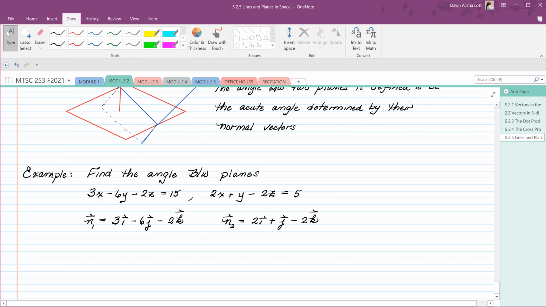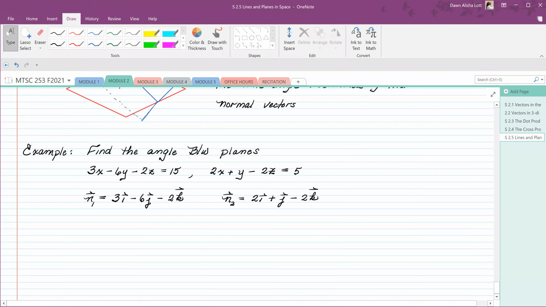So the first plane has the normal vector that you just gave me, and the point on the plane is (5, 0, 0).